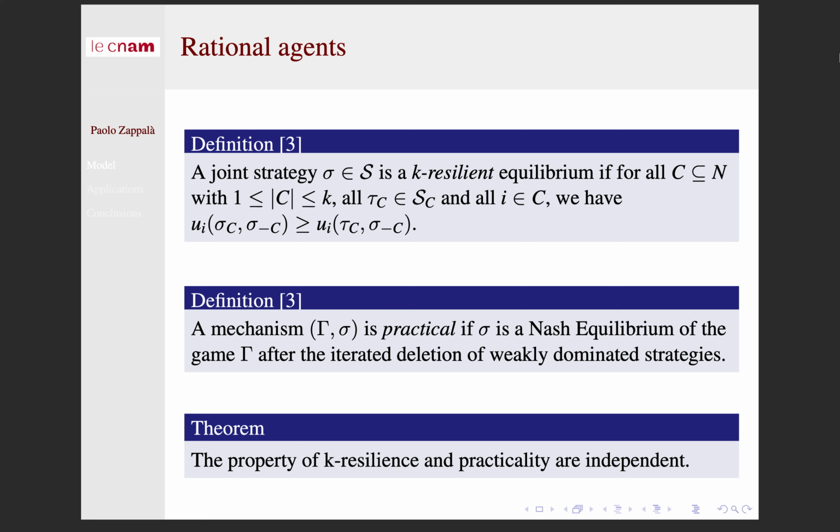While practicality is a property that says that the mechanism consists in not playing weakly dominated strategies, which are strategies that provide a smaller utility than a different strategy which is dominating. So what we prove in our work is that the two properties are independent, and therefore it's necessary to analyze them both.